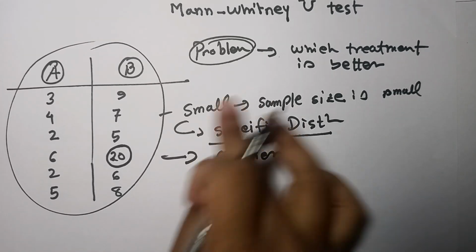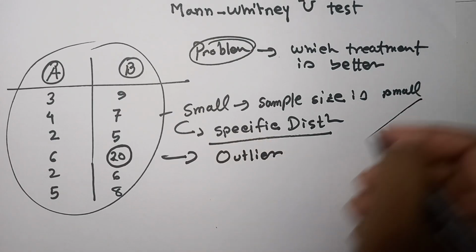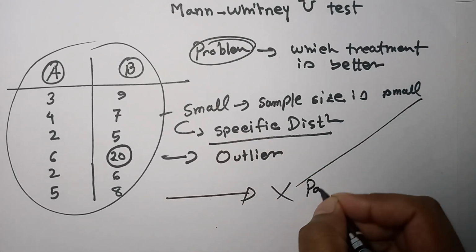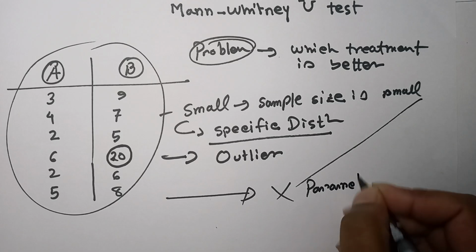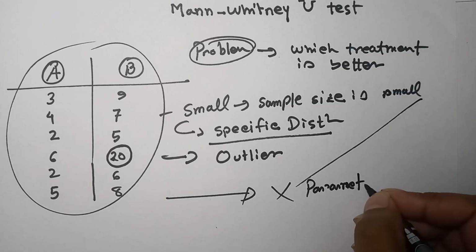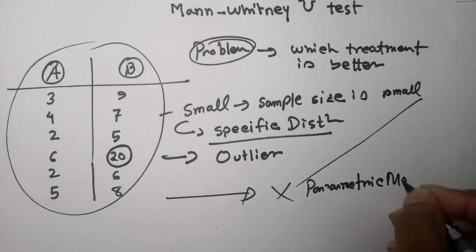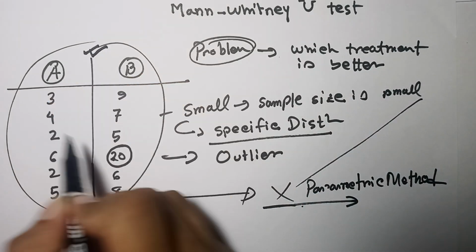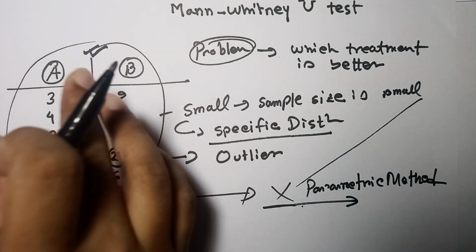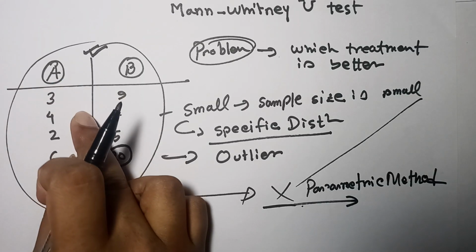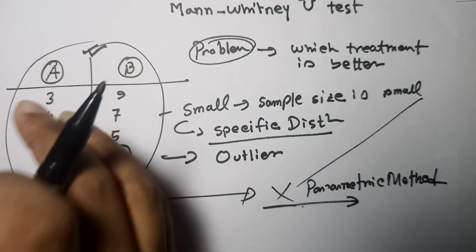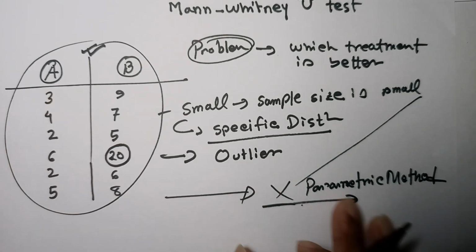You know what these observations mean? They mean that we won't be able to apply any parametric method for this data set to evaluate the performance of these two treatment groups, so that you can conclude which one is better or which one is not better.